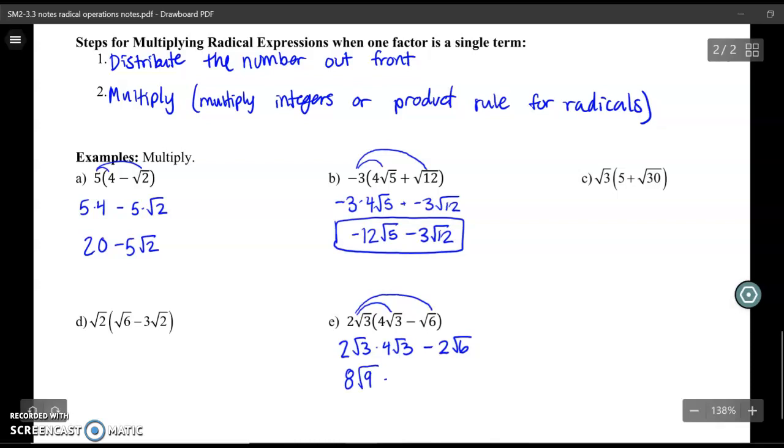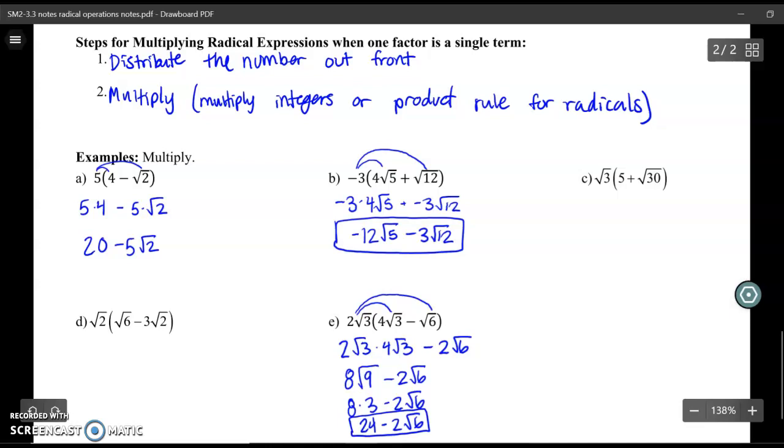So I get 8 square roots of 9, and the 2 square roots of 6 just stays the same. And this one's nice, because I know what the square root of 9 is. The square root of 9 is 3. So I can actually simplify this first term even more to 24 minus 2 square roots of 6. That's what that final answer will be.